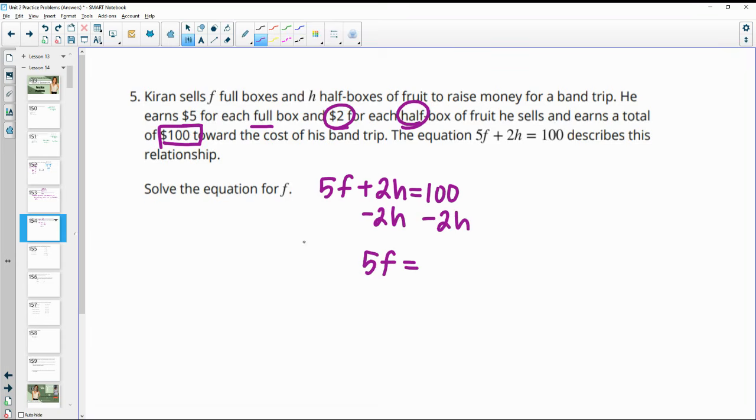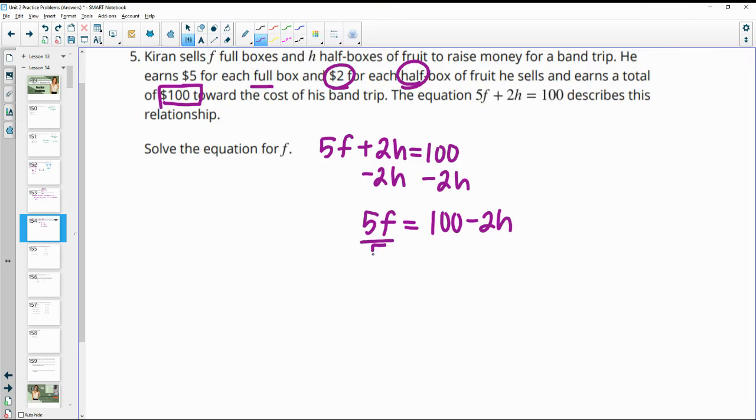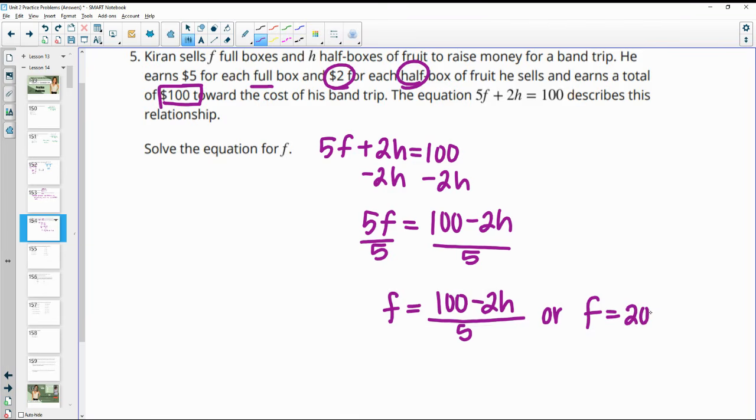So we're left with 5f on the left, and then we have 100 minus 2h on the right. And then we just need to divide by 5. So then f equals, and you can leave it like this, 100 minus 2h all divided by 5. That's fine. Or you can divide it. So 100 divided by 5 is 20, and then you would just leave the negative 2 over 5 as a fraction with the h. So either of those options is fine.